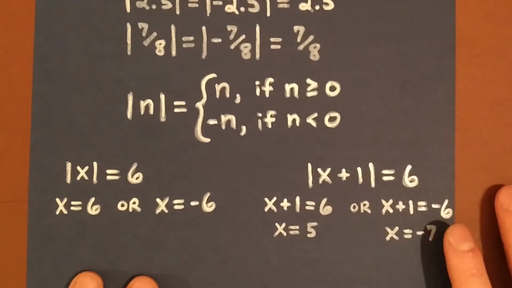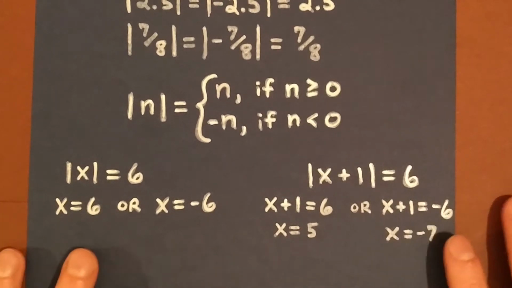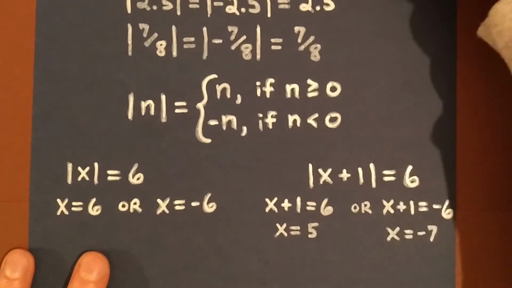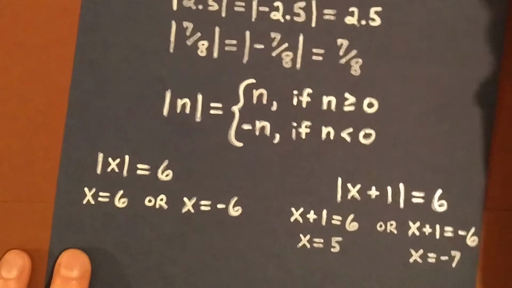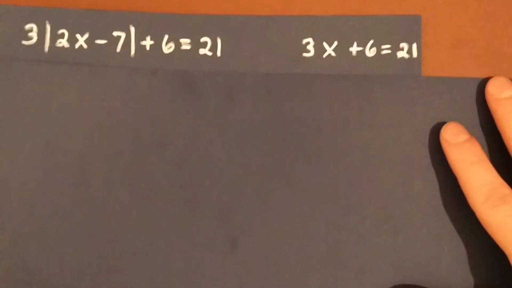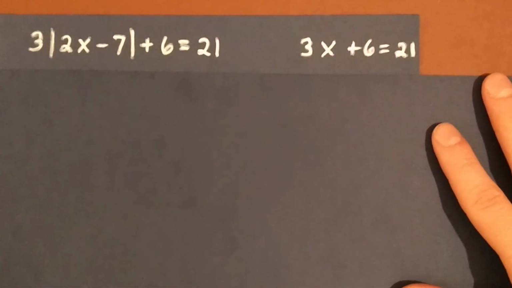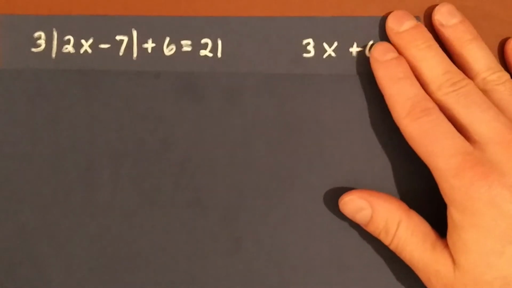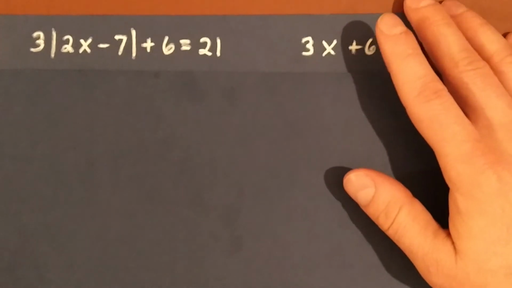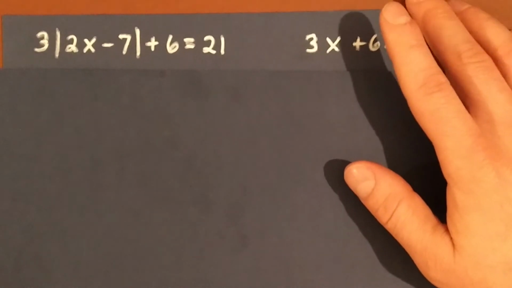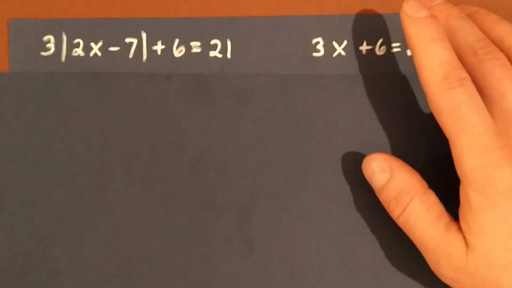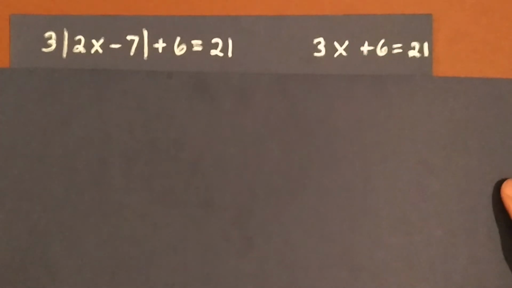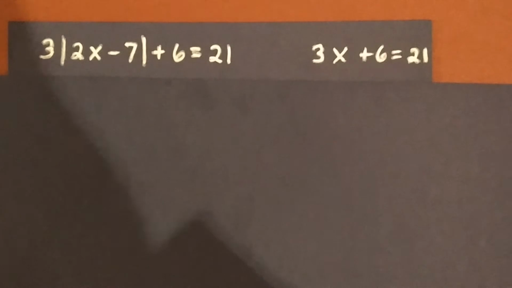Okay, now let's move on to something a little bit more complicated than this one. So now we have, again, a linear equation with absolute value, but it's just a little bit more complicated than the last one.